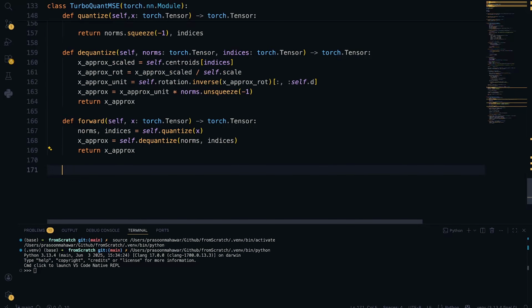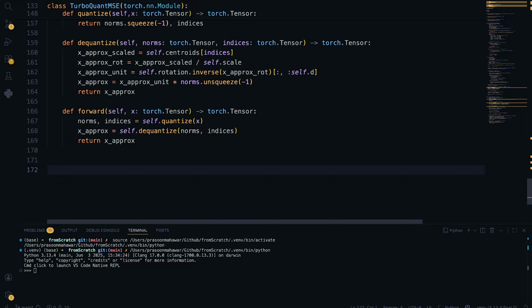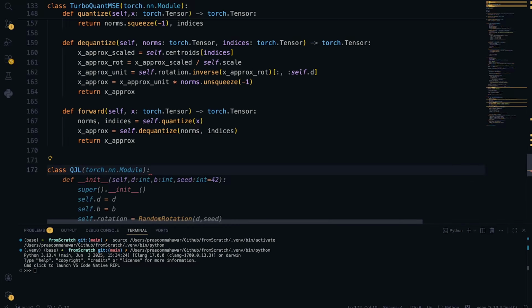So for this we will first create the class QJL, and it will have torch.nn.Module as its parent class, so this class is inheriting the Module class.